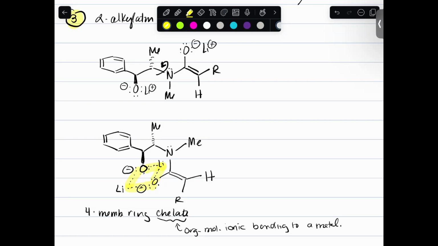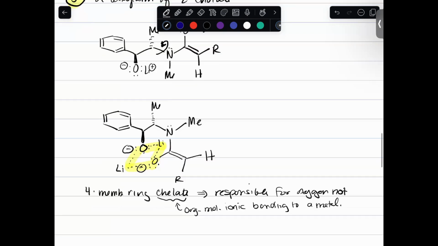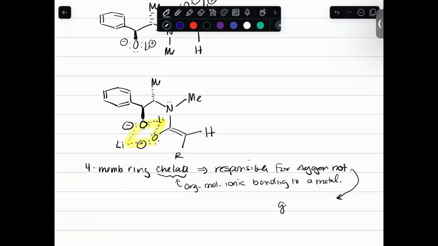Now, this four-membered ring actually is the reason why the oxygen doesn't get alkylated, okay? Responsible for oxygen not getting alkylated, which makes sense.